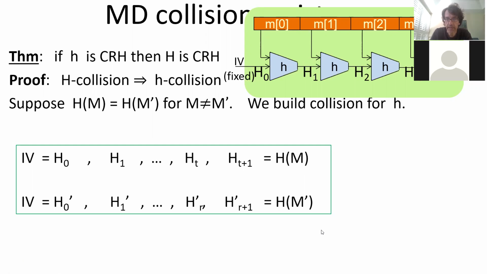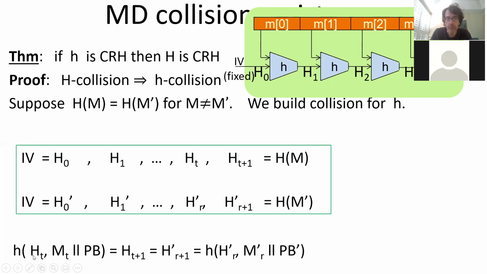Well, if that is the case, then the little collision compression function, taking the one before last, HI, in the case I executed it on M, and that was this wire.